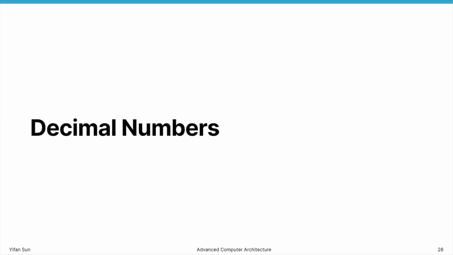So 8 ones can be both negative 1 or 255, depending on how you define this number. So we're using two different encoding methods to encode the same list of binaries.